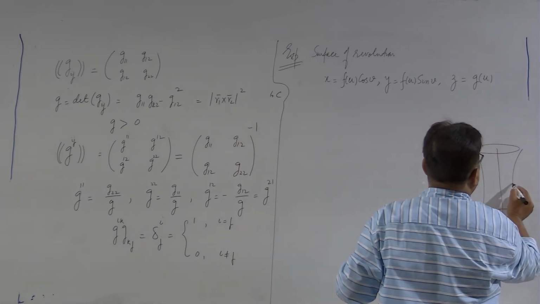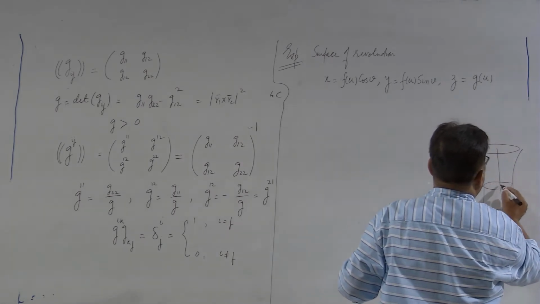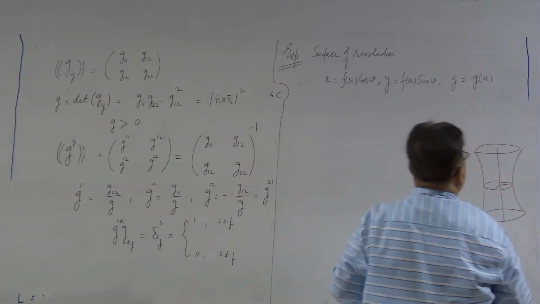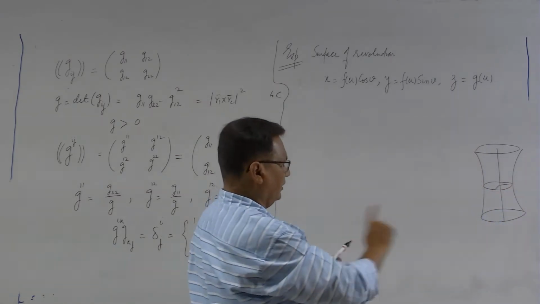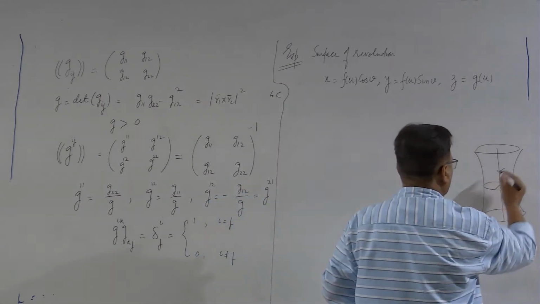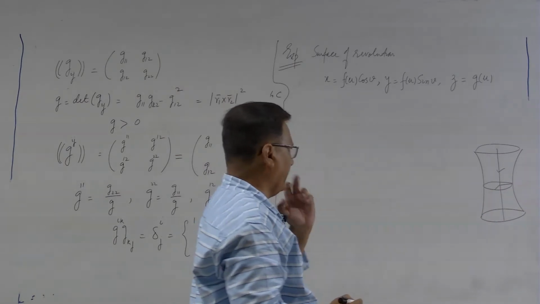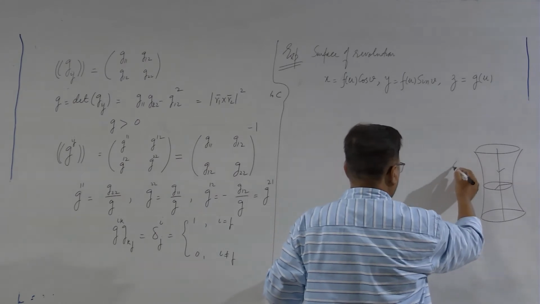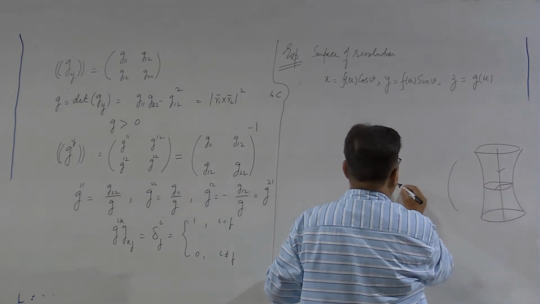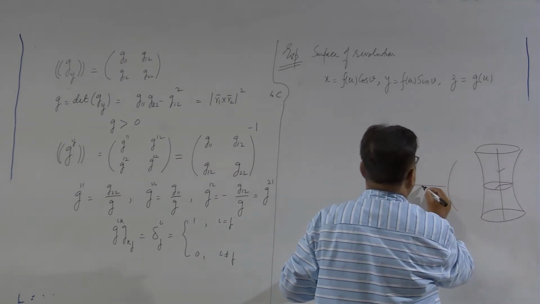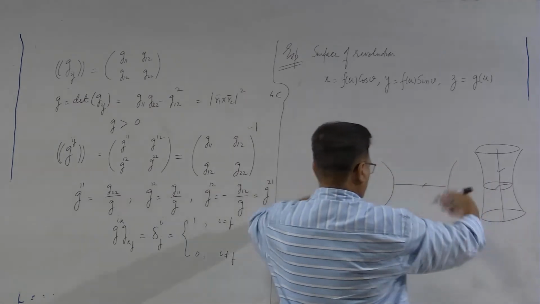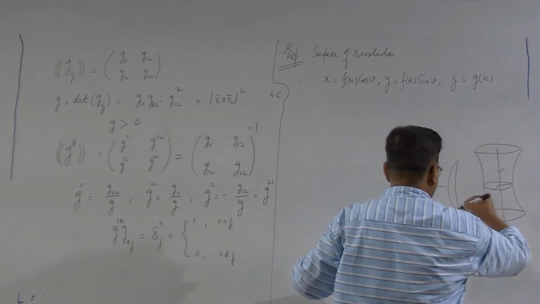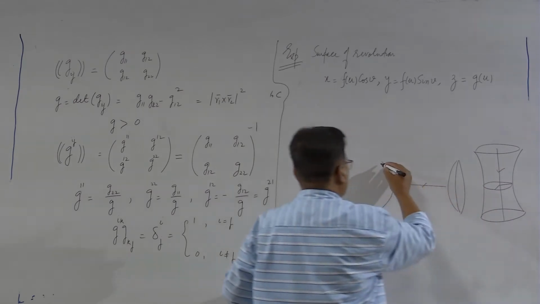So, this is a surface of revolution. You are revolving around this line, which is one of its axes, but if you revolve the hyperbola around this line, then you will get a hyperboloid of two sheets like this.